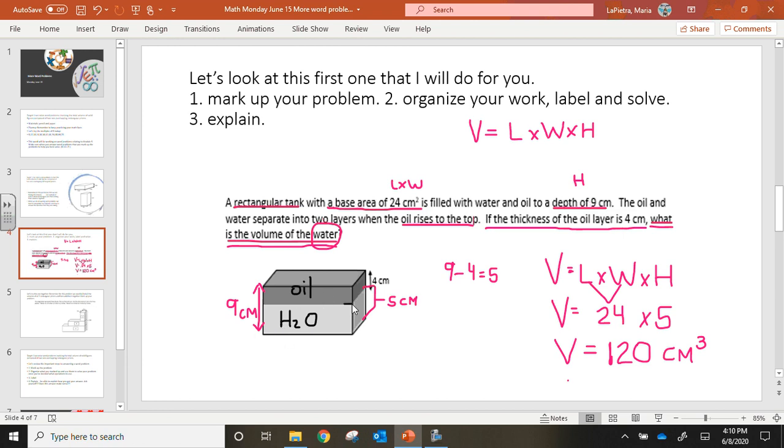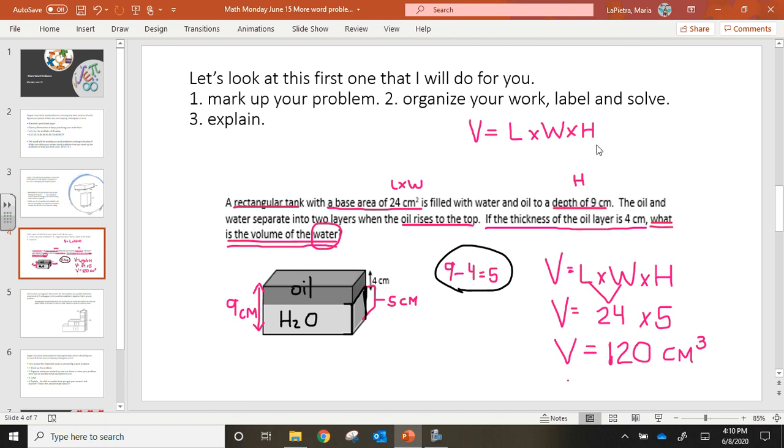So from here down, we want to find out what that is. Well, from top to bottom, that was 9. The oil was 4, so we need to subtract these two. That's why I have 9 minus 4 equals 5. Okay, so the height of this part here is 5. That's why I have it labeled.